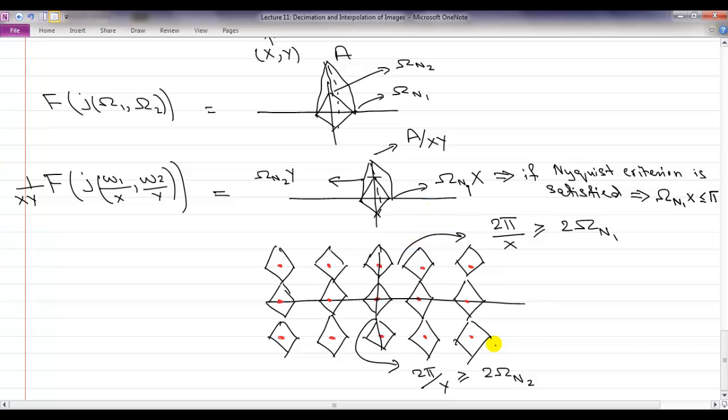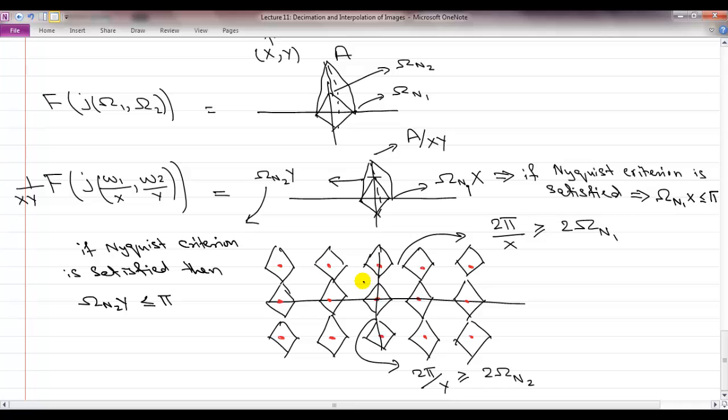Similarly, this condition: if the Nyquist criterion is satisfied, then omega n2 y will be less than or equal to pi. Okay, which means that if the Nyquist criterion is satisfied, this main copy will lie within a square where each side has dimension 2 pi.